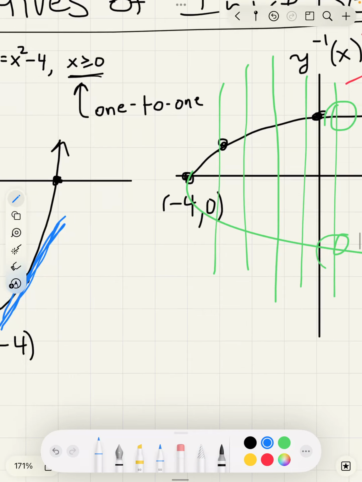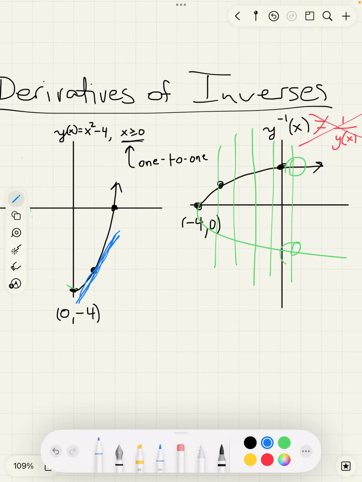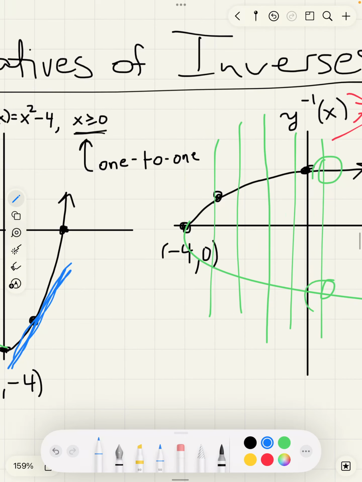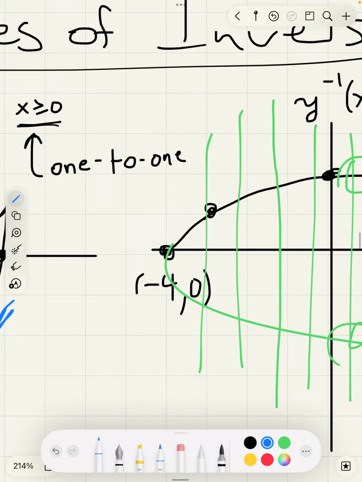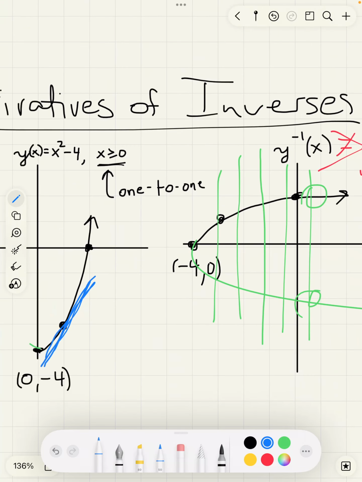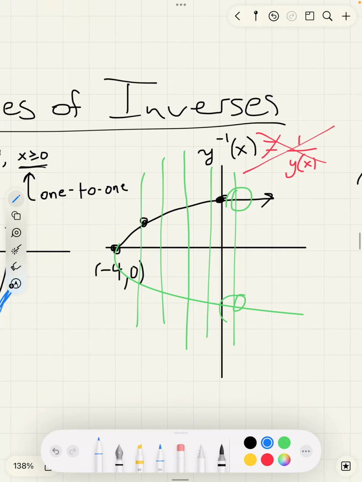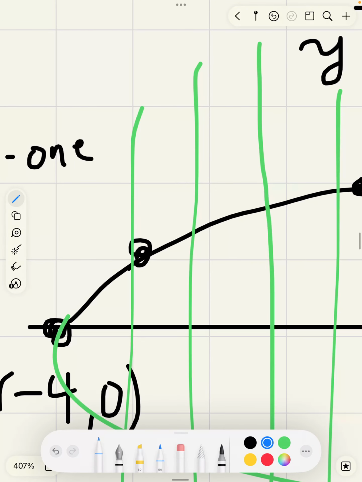All right, the rule that we're actually going to look at, though, involves us using the corresponding point on the inverse. So the relationship we're going to look at will relate the tangent line I just drew over here to the tangent line of this corresponding point.